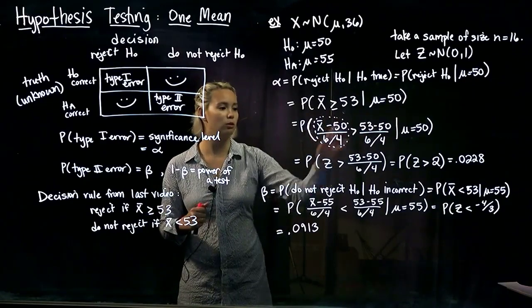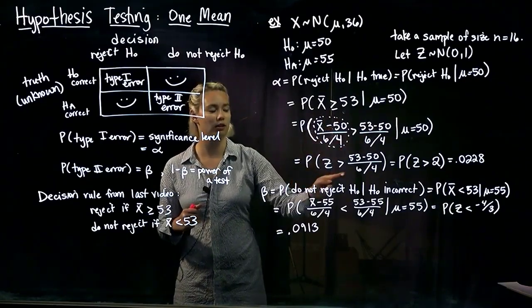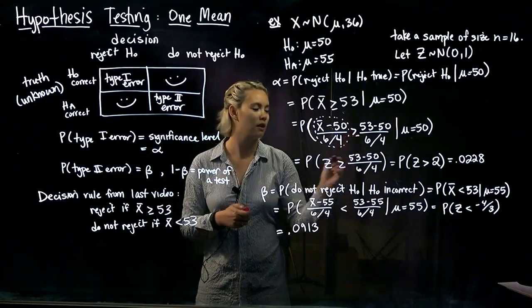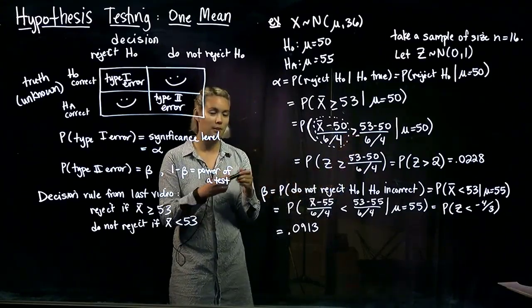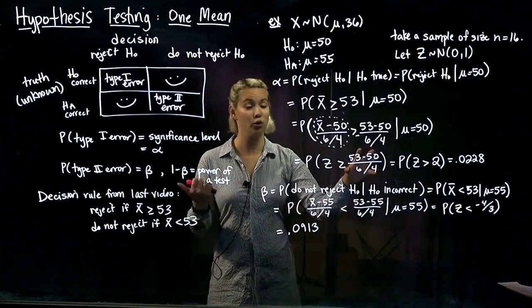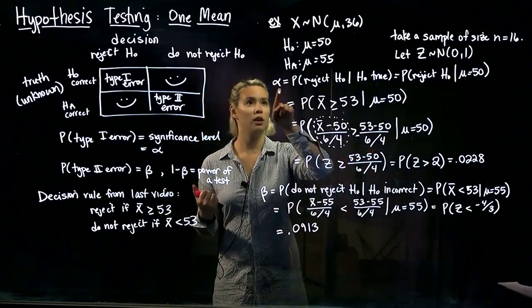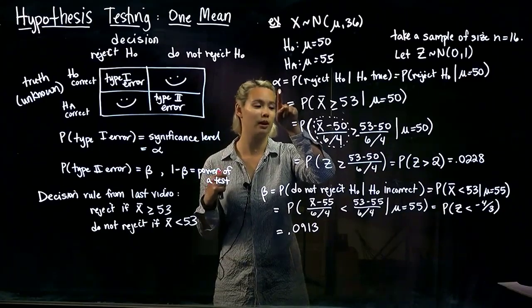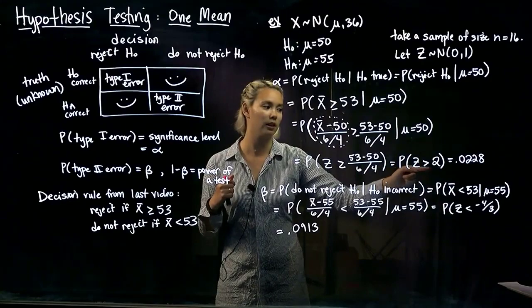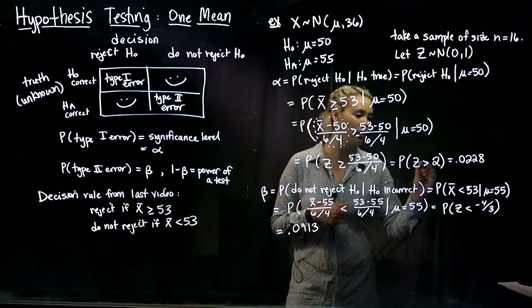So now this is equal to the probability that z is greater than or equal to (53 minus 50) divided by 6 over 4. All right, so this is just equal to 2. So our probability of committing a type 1 error is just the probability that a standard normal random variable is greater than or equal to 2.